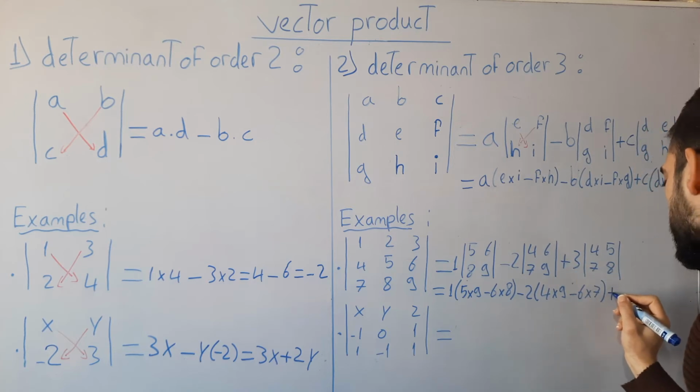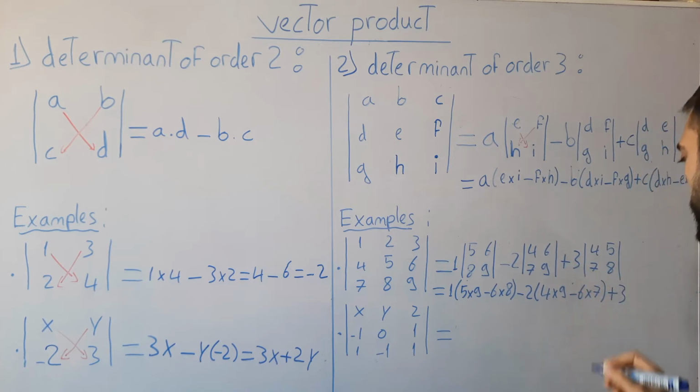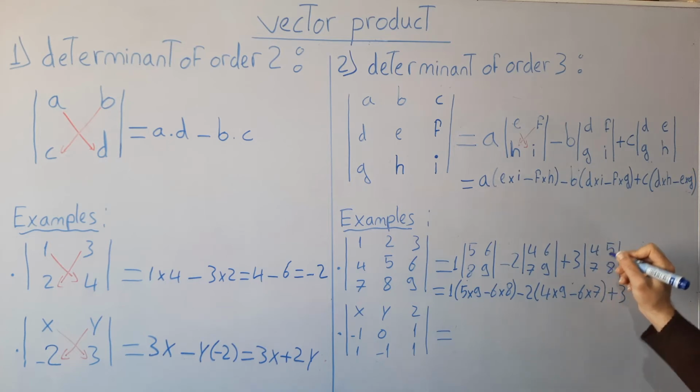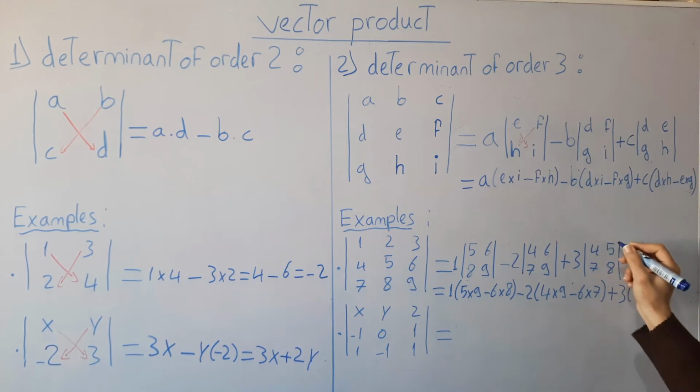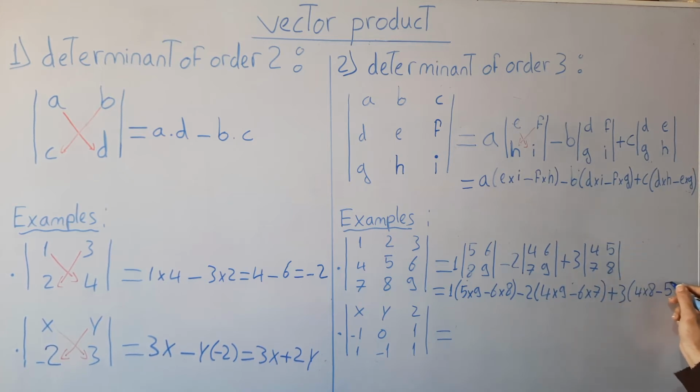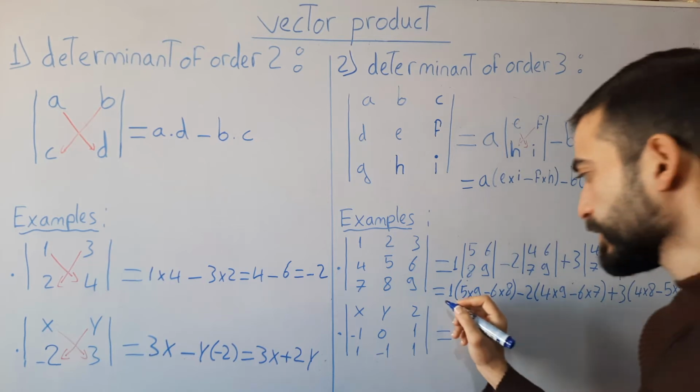Plus 3 times 4 multiplied by 8 minus 5 multiplied by 7. Equal.